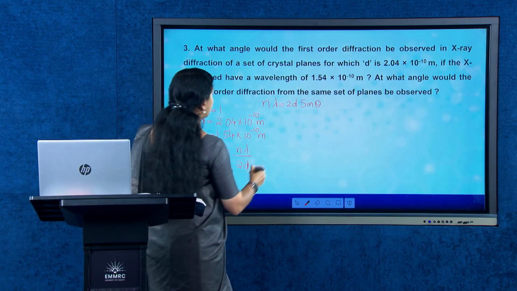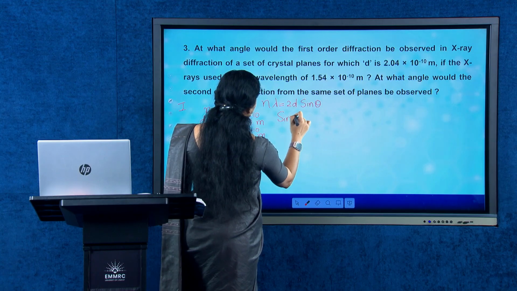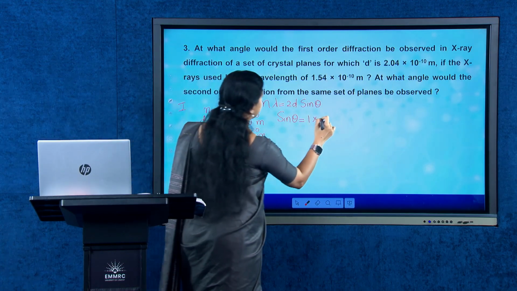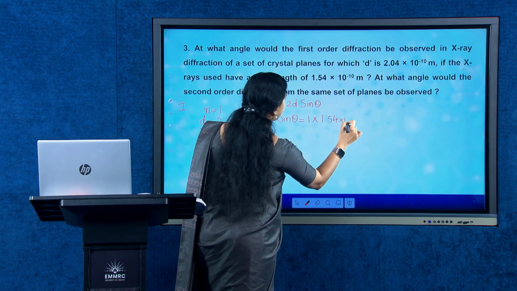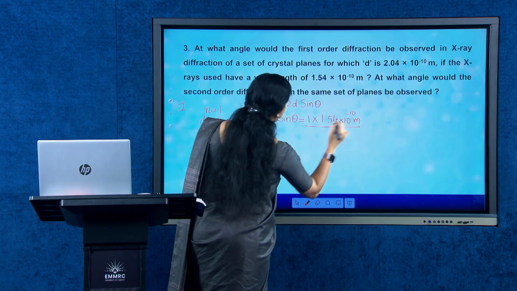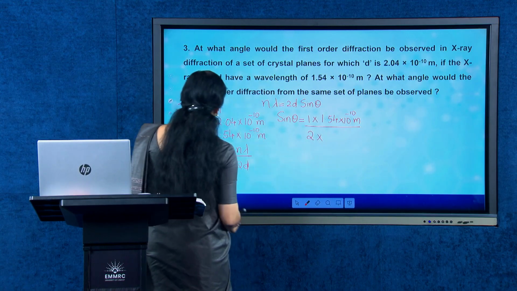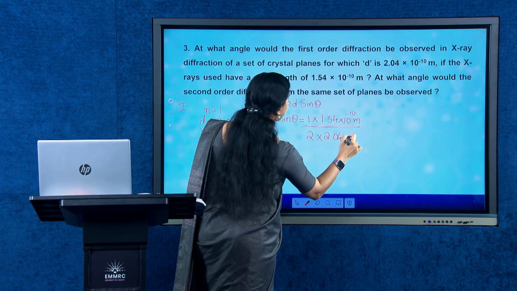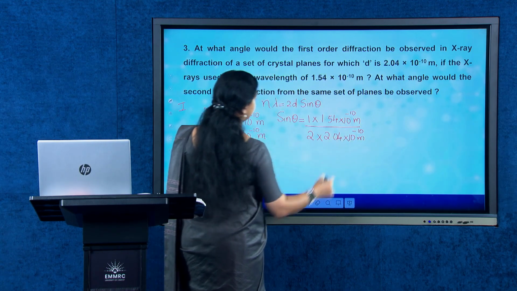We have n is equal to 1. So, sin theta will be equal to 1 into the wavelength lambda, so it is 1.54 into 10 to the power of minus 10 meter divided by 2d, so 2 into the distance 2.04 into 10 to the power of minus 10 meter.